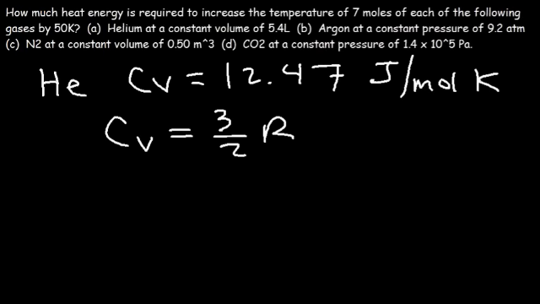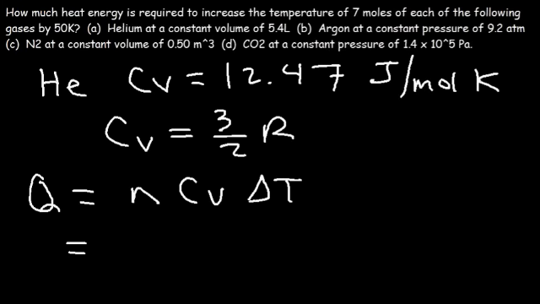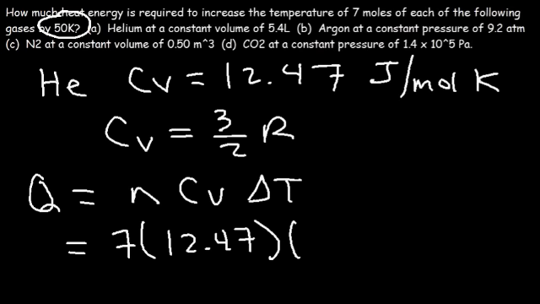So now let's use the equation. Q is equal to n CV delta T. So we have 7 moles of gas. CV, let's use 12.47. And delta T, the change in temperature, is 50 Kelvin.